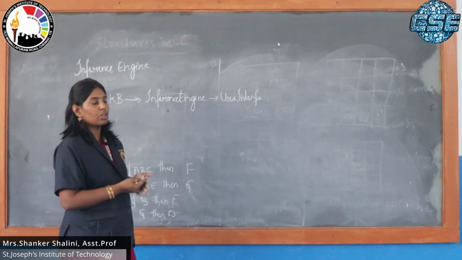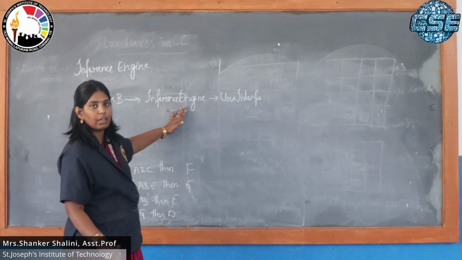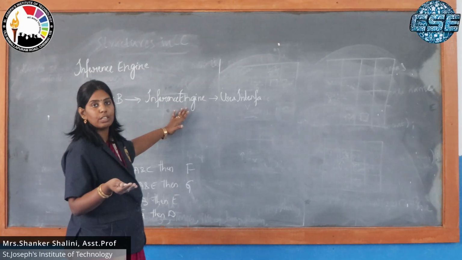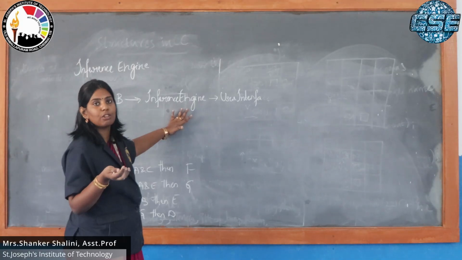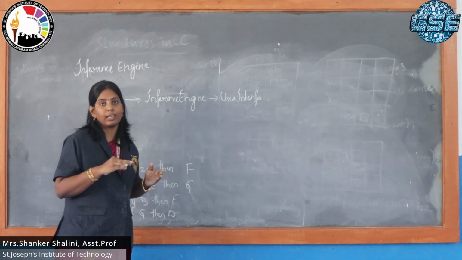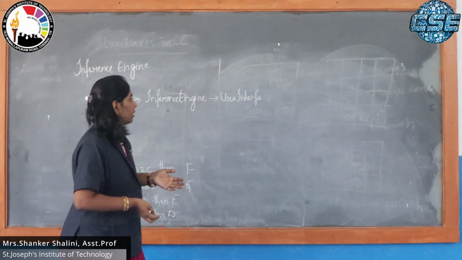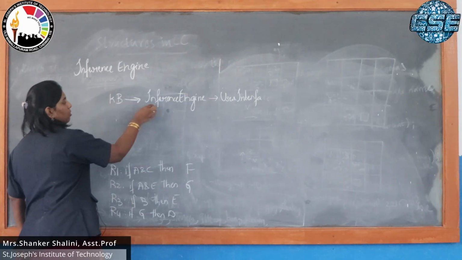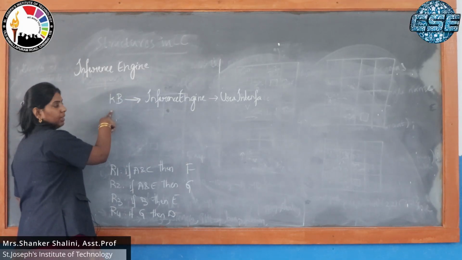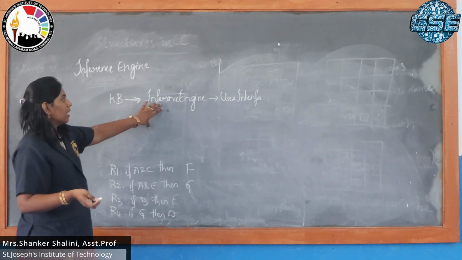By applying the logical rules on the knowledge base, we get new facts, which can be used in further reasoning. We collect the inference rules from the knowledge base and give them to the user interface. So this is the inference engine.